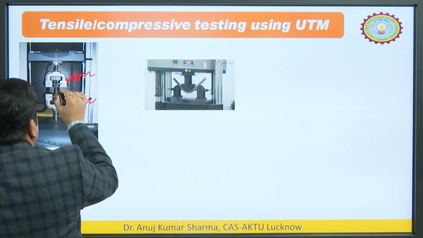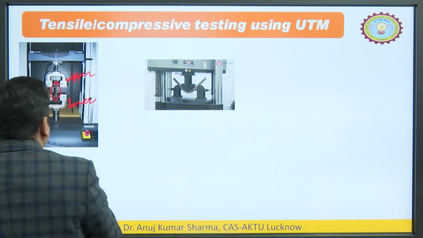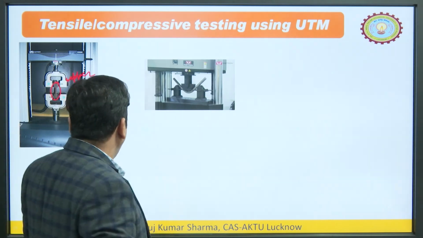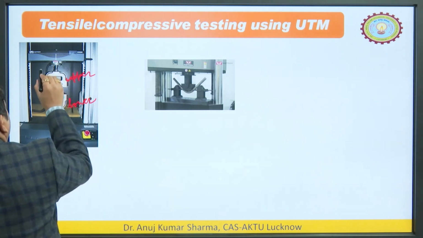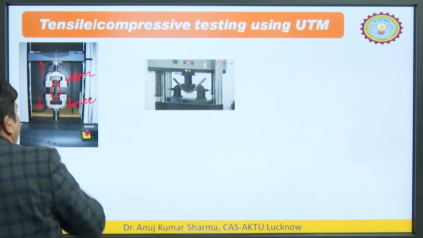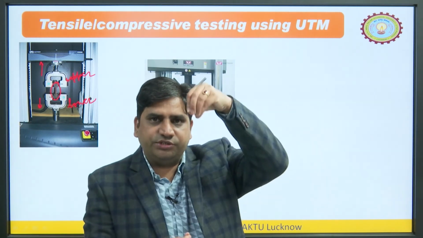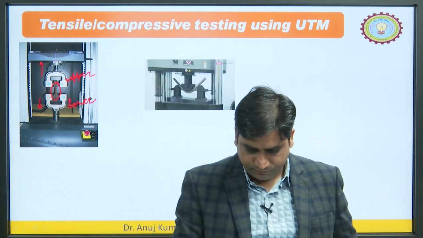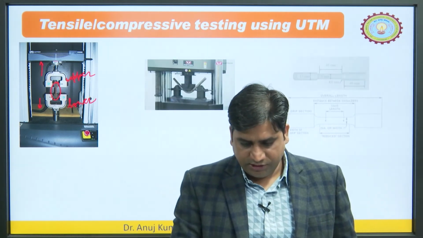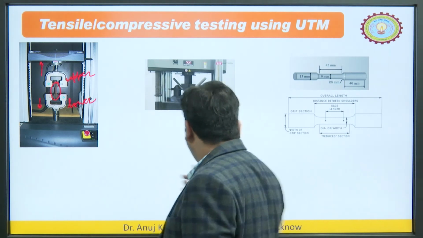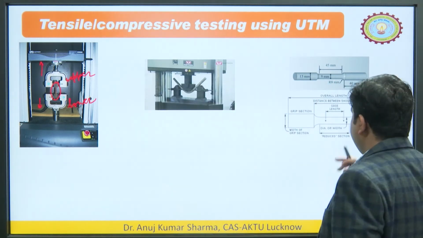In between them the specimen is being tightened, right, and we apply pull force here and here. So, this machine will try to pull or stretch this object. The specimen looks like this. I will have more discussion in the next lecture on this.